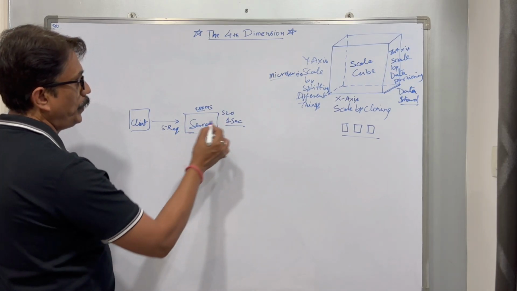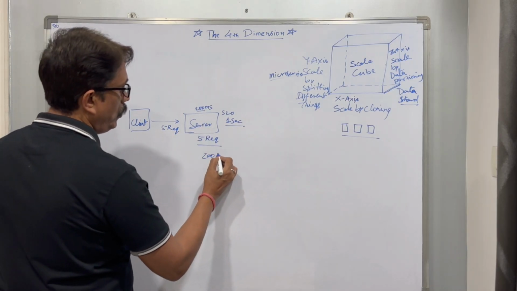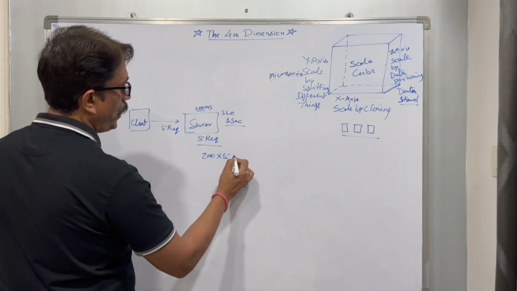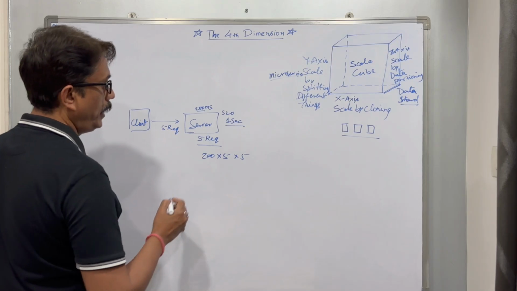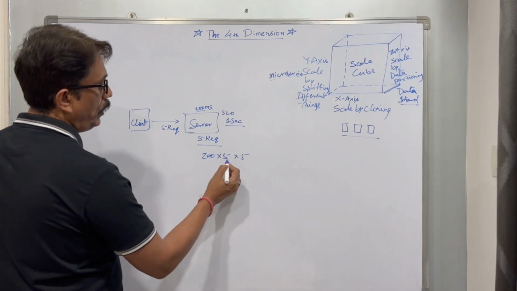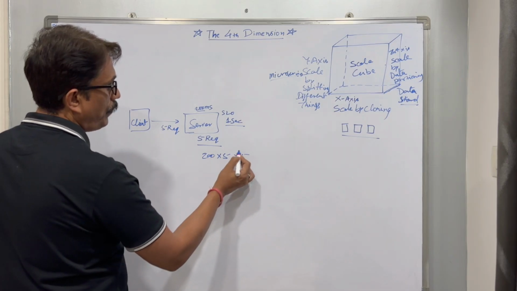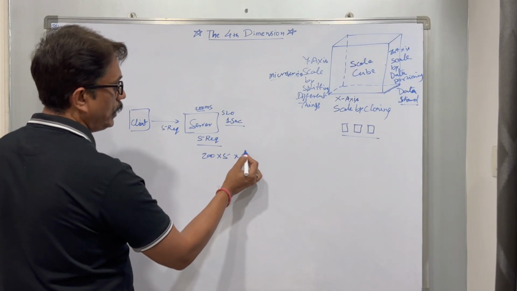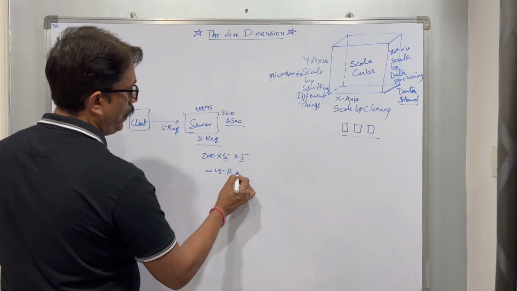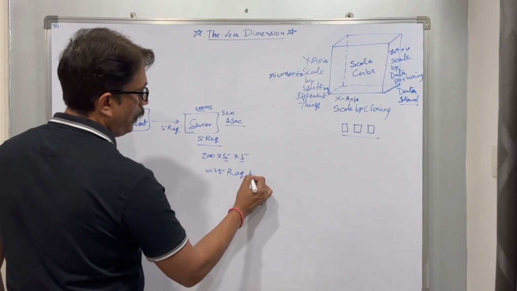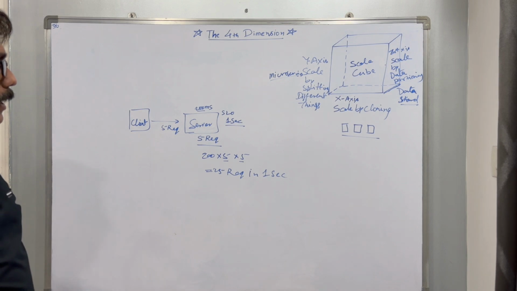So within 1 second, how many requests can this server process? 200 milliseconds into 5 is 1 second. So in 1 second it can process 5 requests, and 5 requests it can process concurrently. So in total it can process 25 requests in 1 second, right?